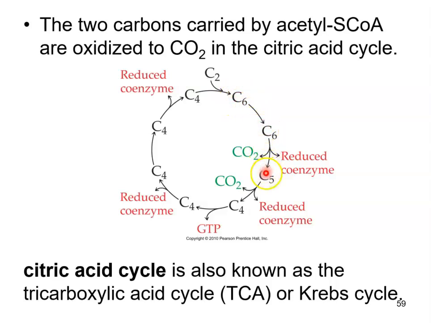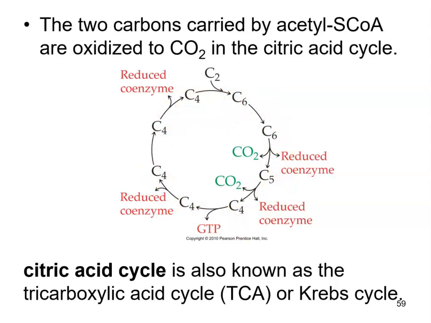Then we get rid of one of those carbons as CO2. We do that again in another step, so we have 4 carbons. We rearrange that and generate some chemical energy through ATP, or we save some chemical energy, and then we keep on that 4 and 4 and 4. We make some reduced coenzymes, so that means that these things are getting really oxidized, and then we add some more carbon, and then we do the whole thing over and over again.